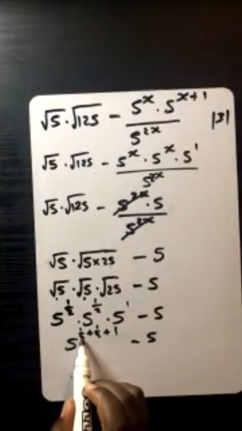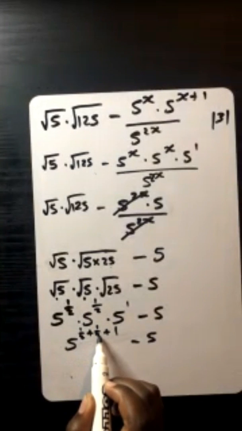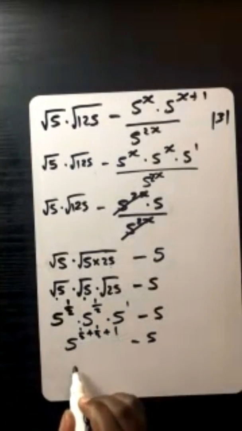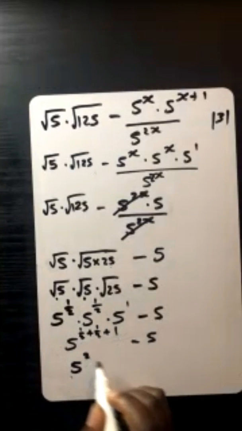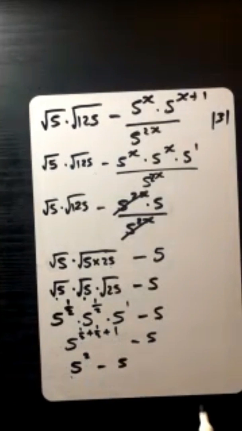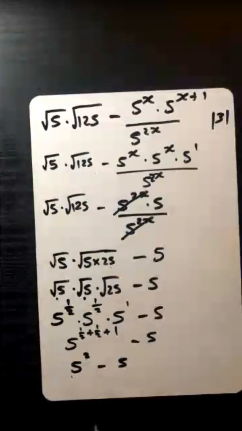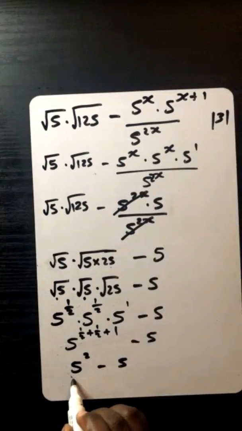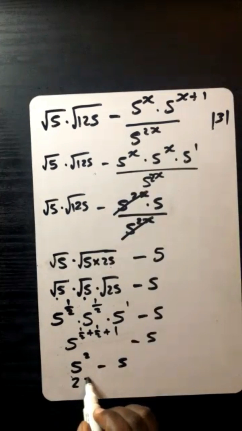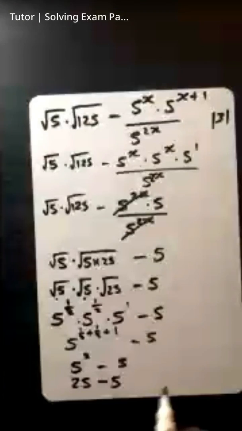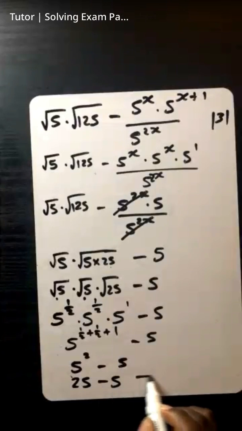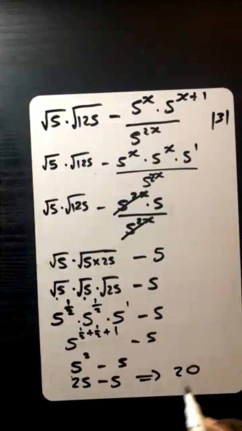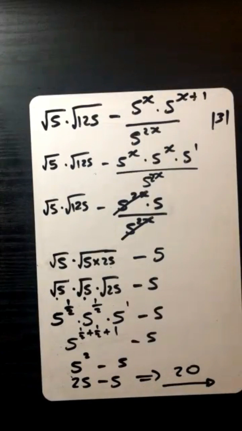So you've got half plus half, which is 1, plus 1 is 2, which means you've got 5 squared minus 5. Okay, what is 5 squared, ladies and gentlemen? I think 5 squared is 25, minus that 5. So 25 minus 5 should be 20, which means your final answer is 20.